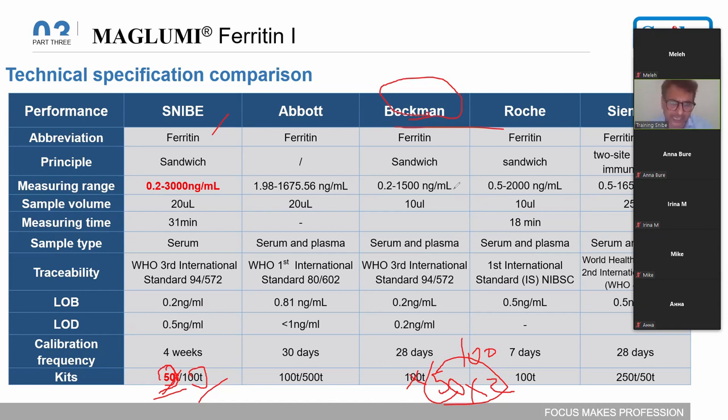I know that they are providing two pack sizes. But if they have a 50 into 2 pack size, the customer needs to purchase a pack size of 100 tests, but individually they have two cartridges. So they have written the pack size, not the individual vial testing system, in Beckman and even in Siemens. You can see that in Siemens, they have written that this is a 50 test pack size.